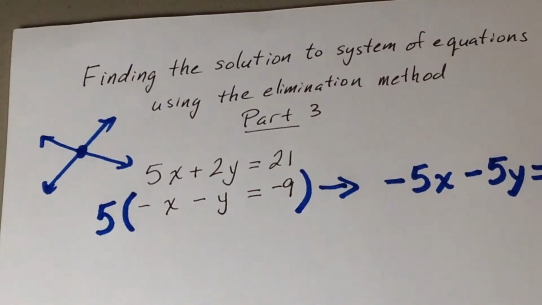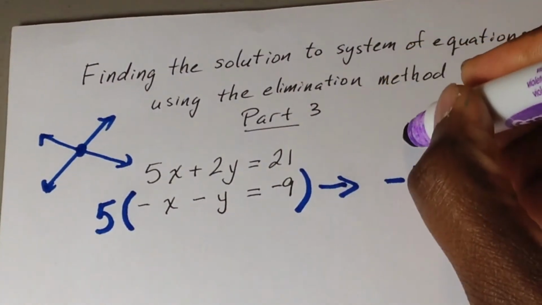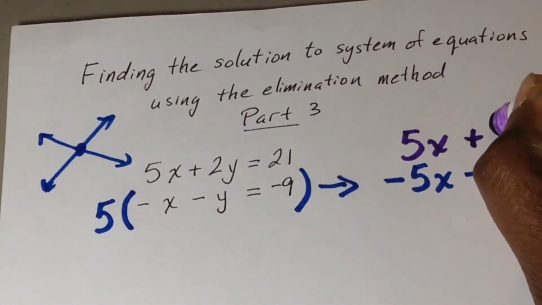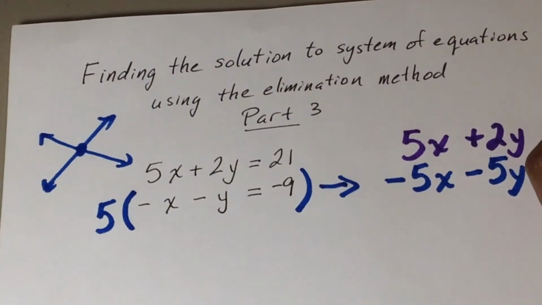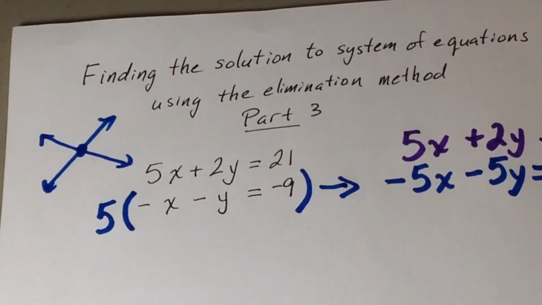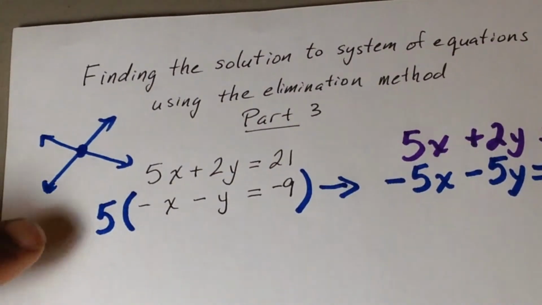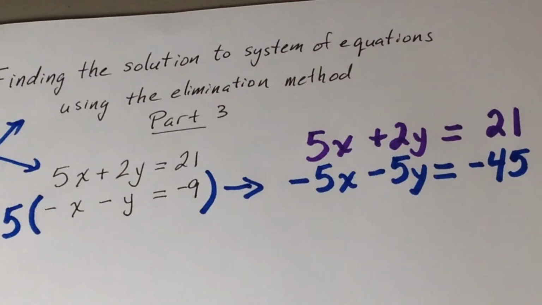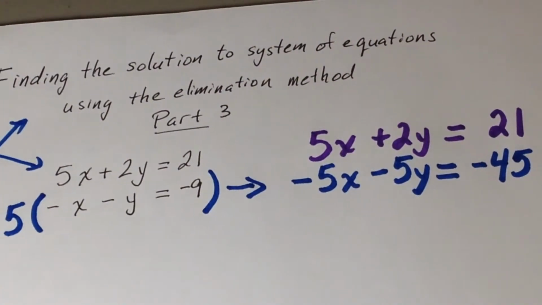And then I leave the first one as is: 5x plus 2y is equal to 21. No changes in that one. I didn't have to make a change. So the change that I made was multiplying the second. You see that? Good.